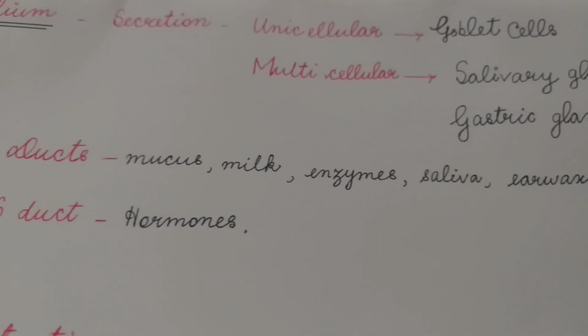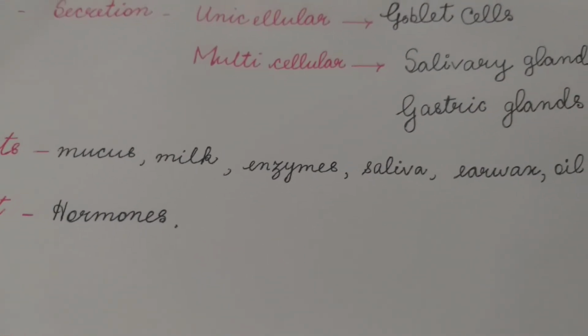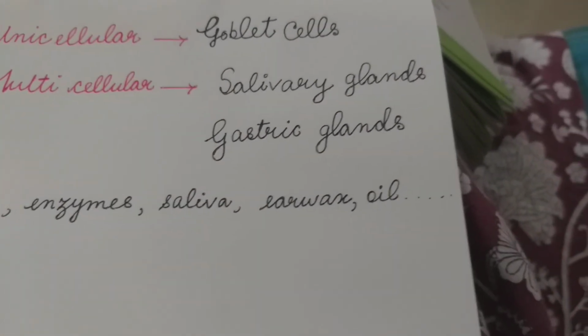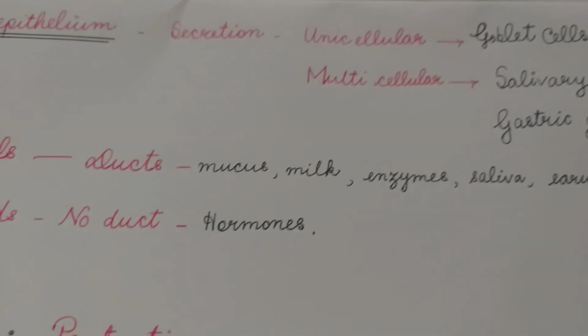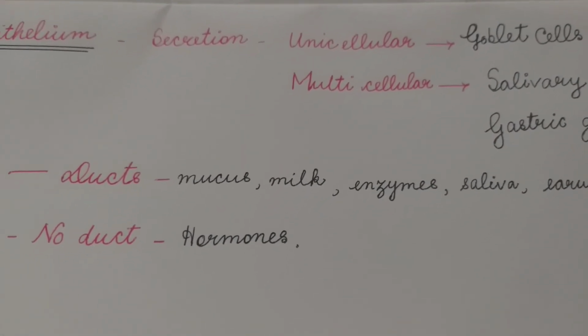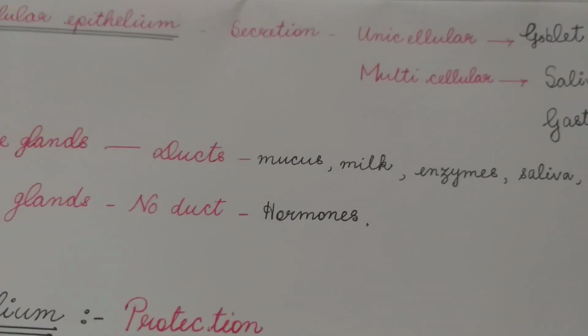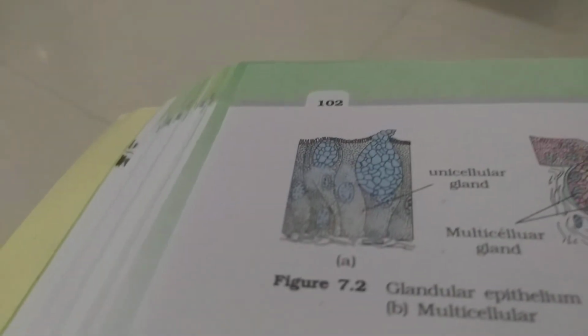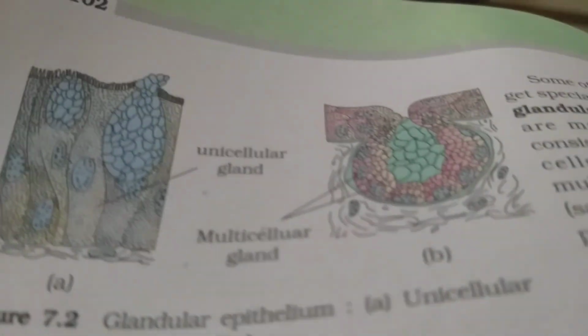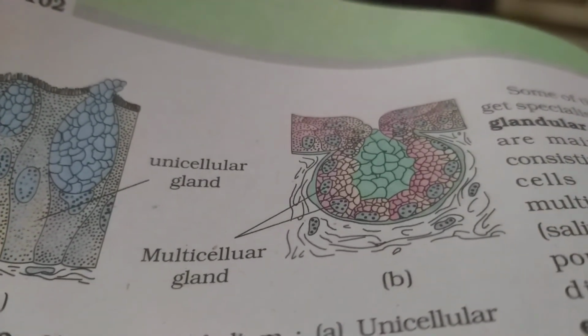Exocrine glands secrete mucus, milk, digestive enzymes, saliva, earwax, oil, etc. Endocrine glands, which do not have ducts, secrete hormones. This is the glandular epithelium. Unicellular gland, multicellular gland.